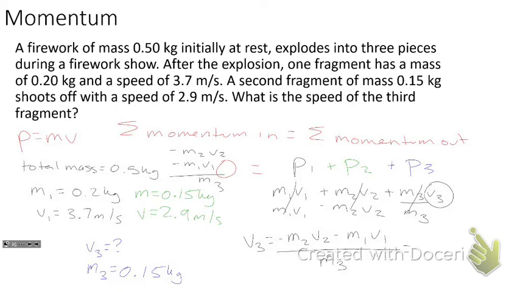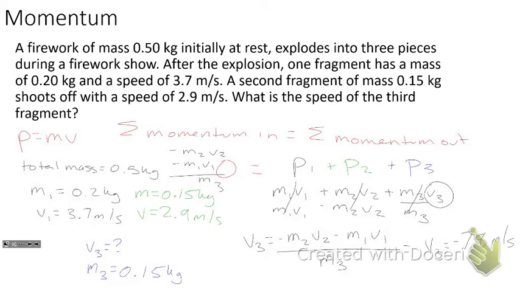What did you guys get? Remember, if we get a negative direction, that's just saying it's going in the opposite way of the first two fragments. I got negative 7.8 meters per second.